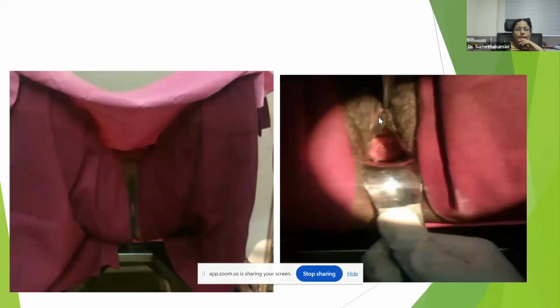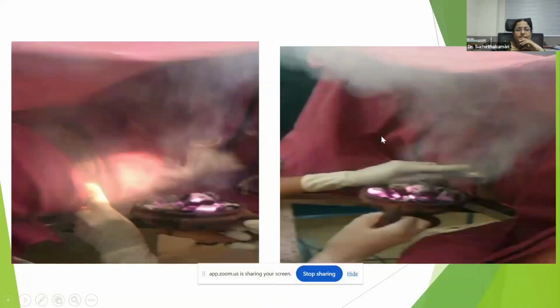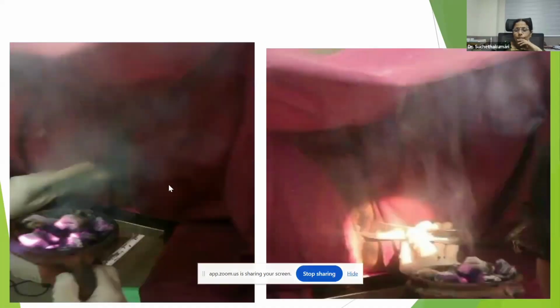We have taken the patient in the lithotomy position, and the patient is covered well with leggings. There is also a covering for the anterior abdominal wall, and here we have exposed the cervix, and next the dhupana is given to the yoni. The cervix is exposed with the help of the speculum.